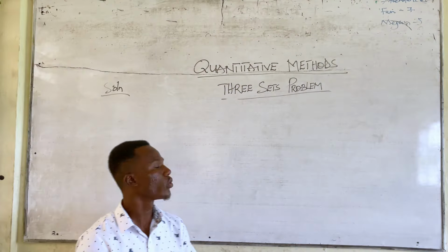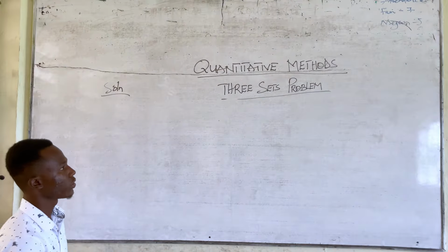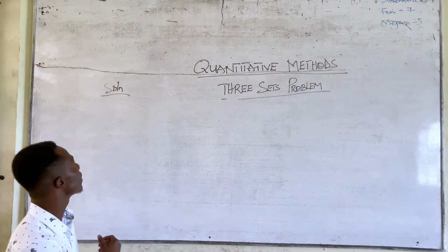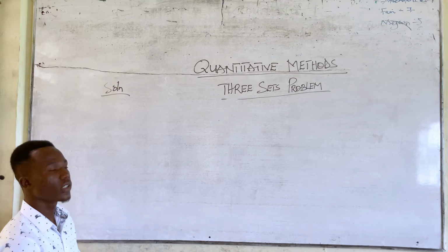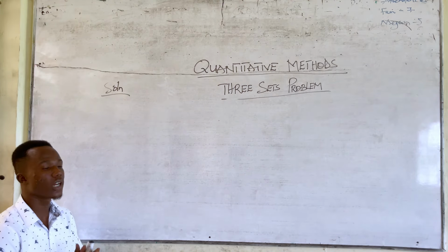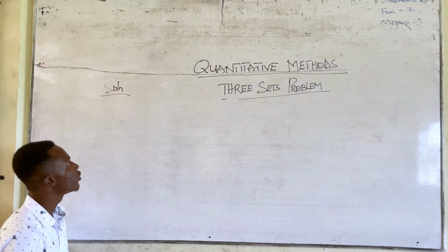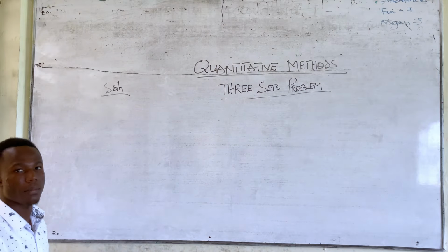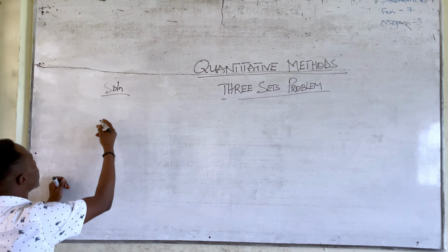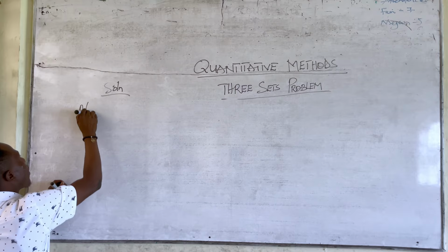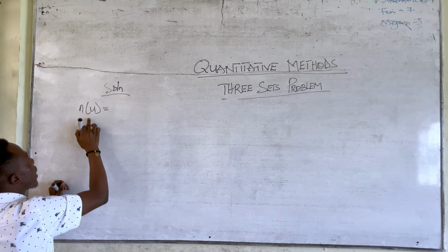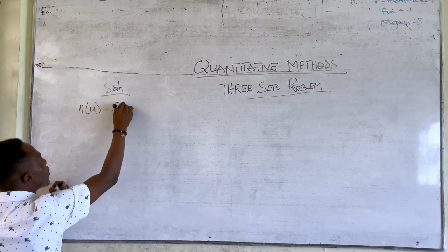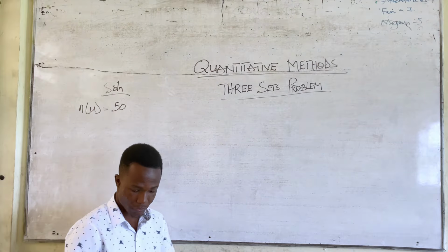So we are going to solve the question for more understanding. Now let's look at the solution. The question said in a military camp we had 50 military officers. So the total number of officers was 50, and we say our number of U, that is the universal set, is 50.